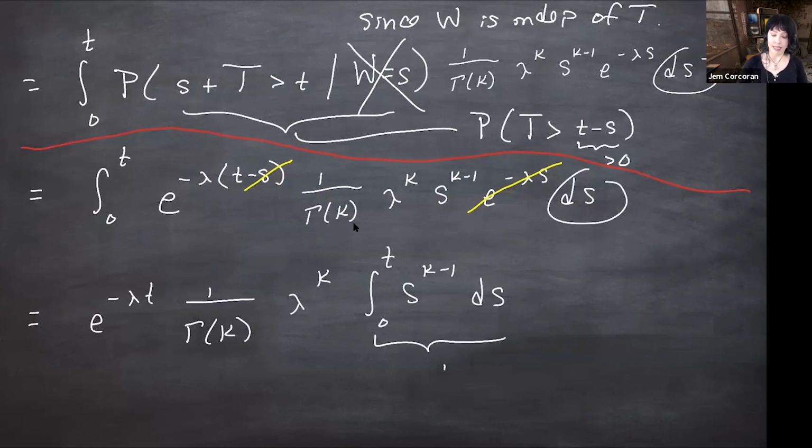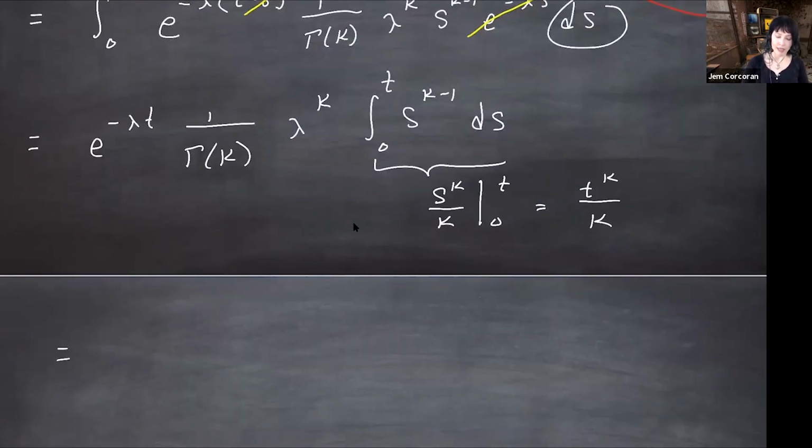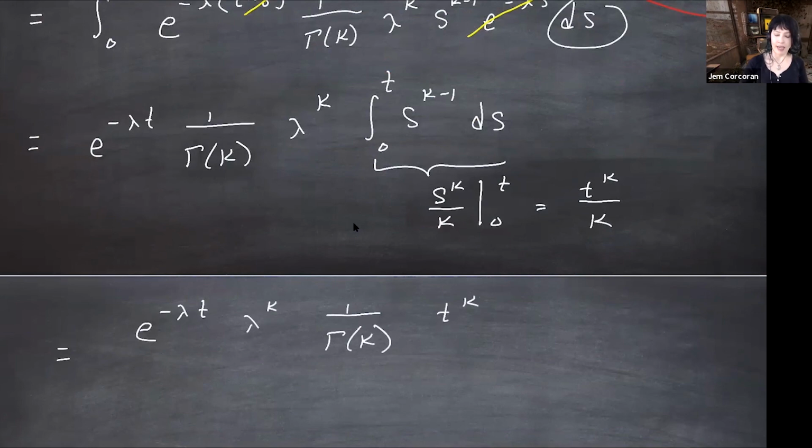Now this guy is s to the k over k evaluated from 0 to t, which just gives us t to the k over k. So putting it back together, the entire thing is e to the minus lambda t, lambda to the k, 1 over gamma of k, t to the k over k.